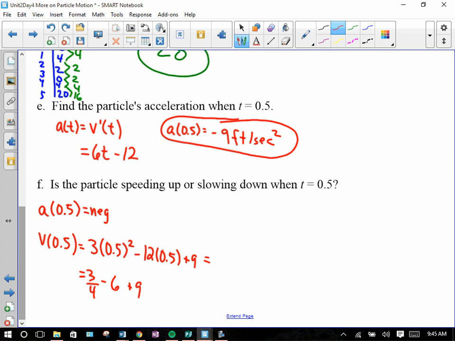Since our signs are different, the particle is slowing down.